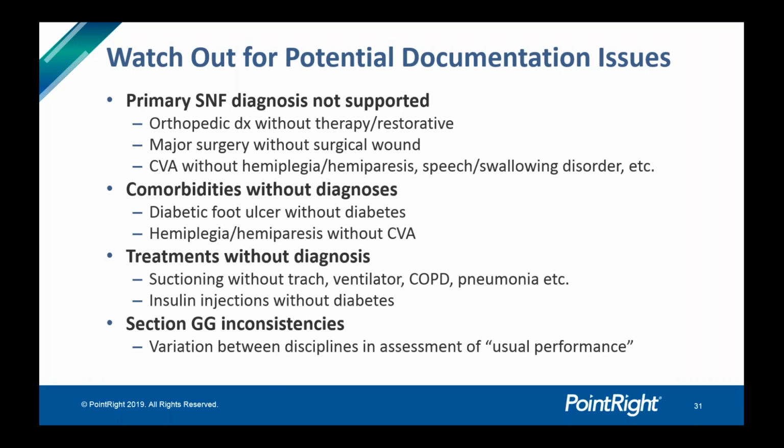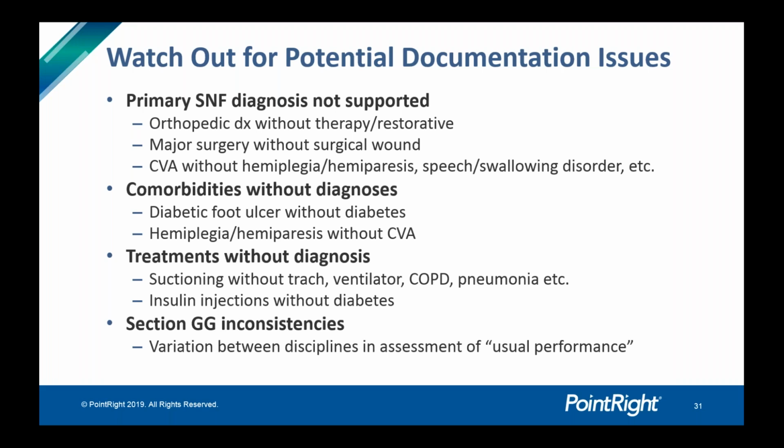Comorbidities without an underlying diagnosis related to the comorbidities. You can't have a diabetic foot ulcer without a diagnosis of diabetes, or a hemi without a CVA. A treatment being provided without a reason for it. You've got to have something to suction to give the suctioning, or insulin injections without primarily a diagnosis of diabetes. There are other reasons for it, but usually it's diabetes.